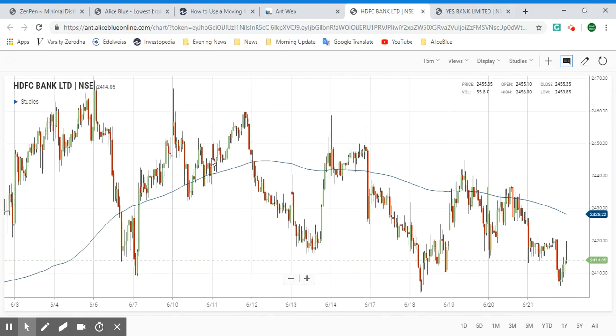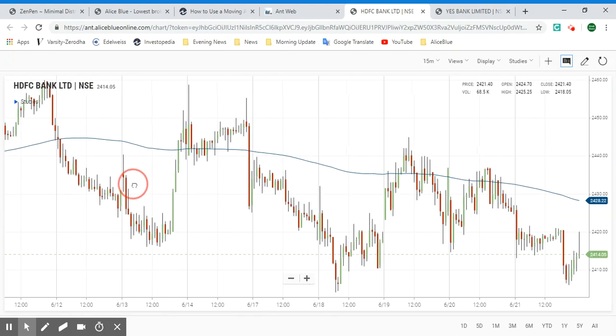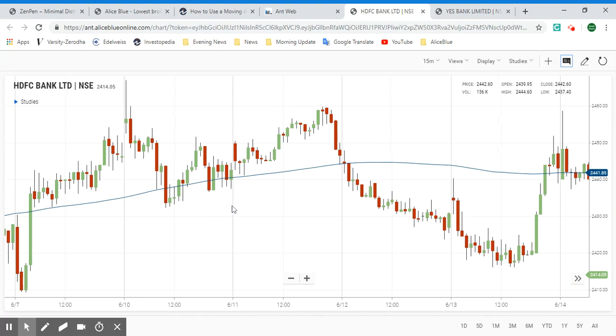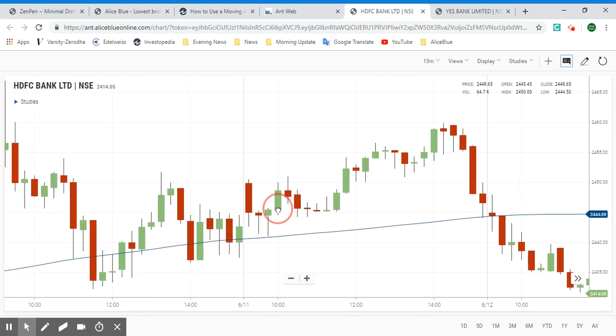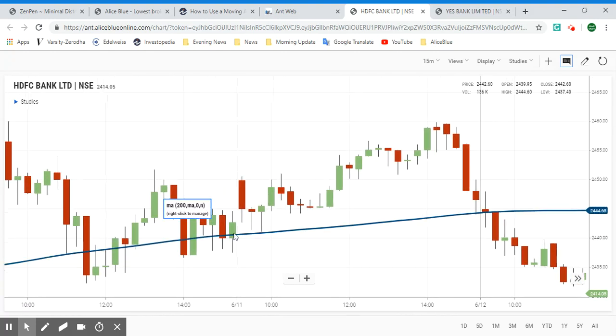Let's go closer. Here is the buy signal. The chart moves above, and from here it's going up. It's in an upward trend, and it goes down here in the downward trend. However, the market is a little volatile and it's lying flat right now.